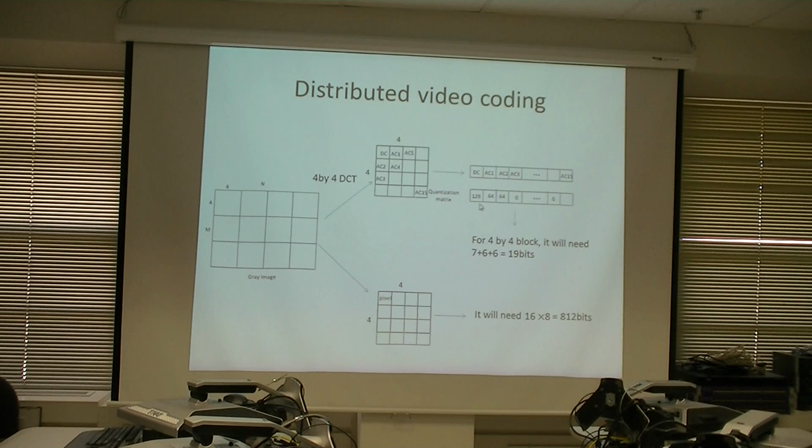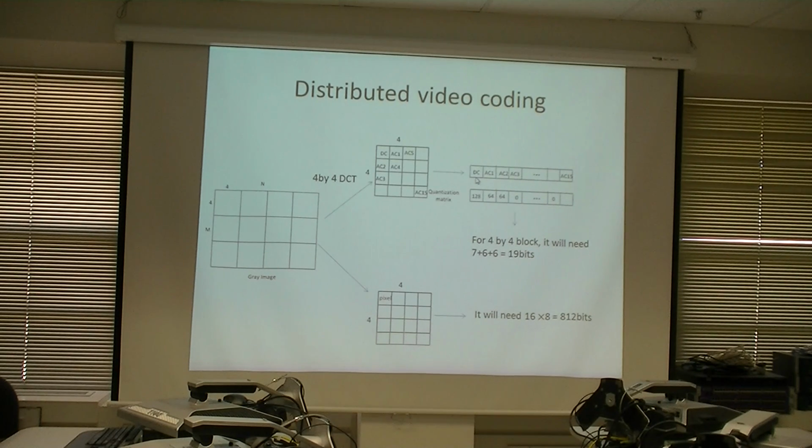So if we assign 7, 6, 6 bits for the bands respectively, the total compressed size is 19 bits. What's the meaning of the quantization matrix? The quantization matrix is for each band you can assign a different quantization level. This is a lower frequency band.